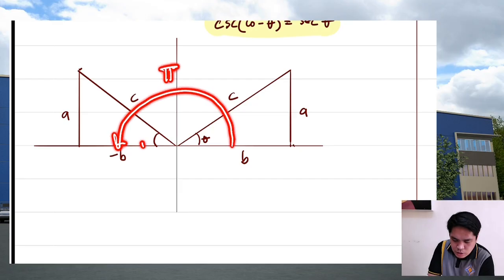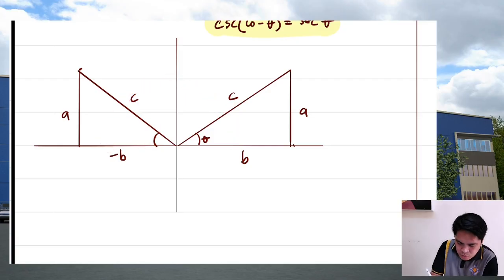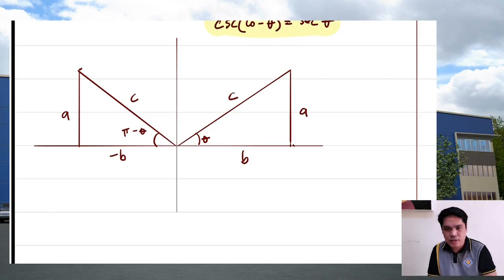Then, counterclockwise negative. This angle is the same as this angle. Pero, counterclockwise siya. So, that's negative theta. So, you add these two angles, we have pi plus negative theta. Or, pi minus theta.